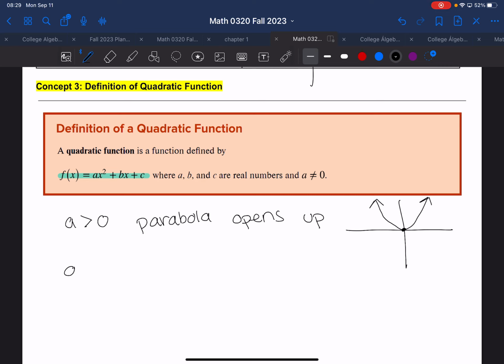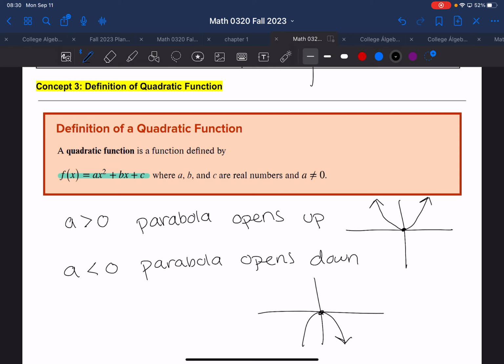So that means when our a is negative or less than 0, which way is it going to open? Good, down. So our parabola opens down. And again, this center point here, where the curve changes on our quadratics, is called the vertex.